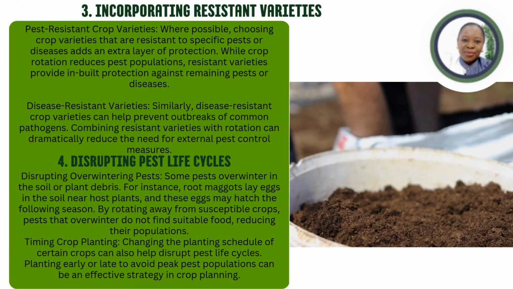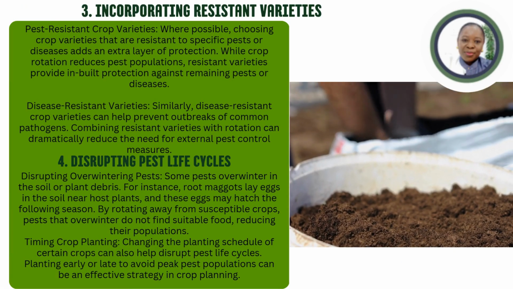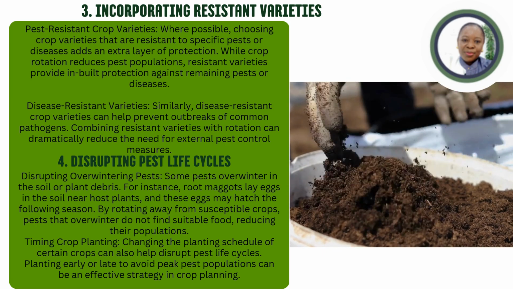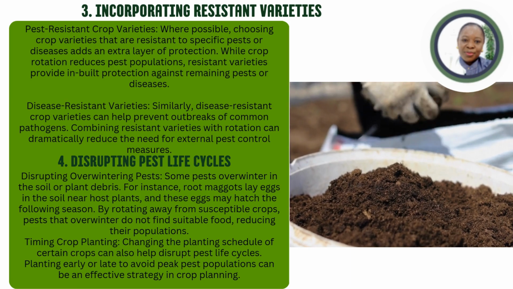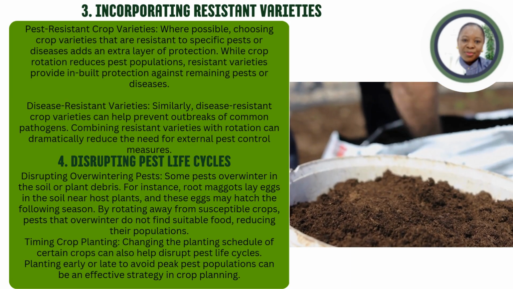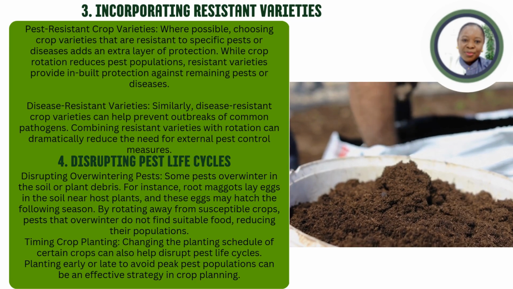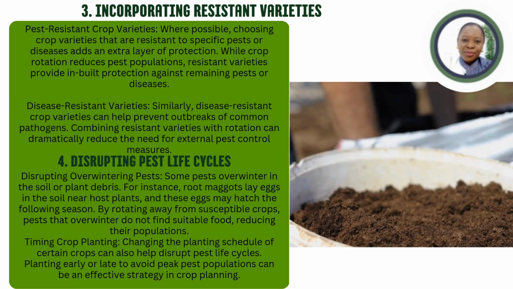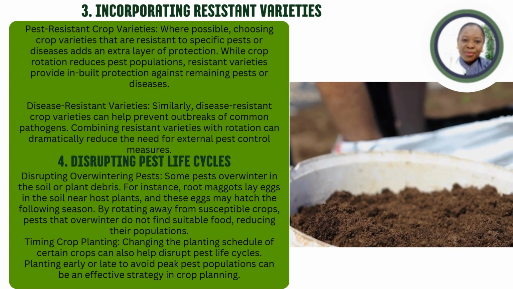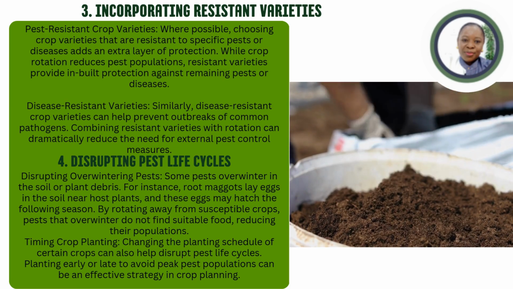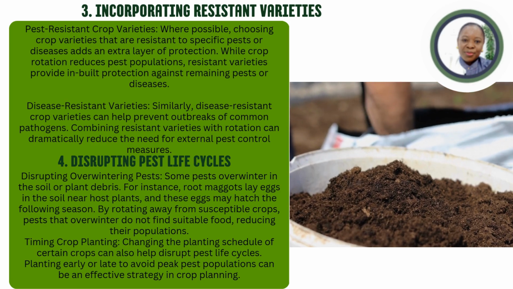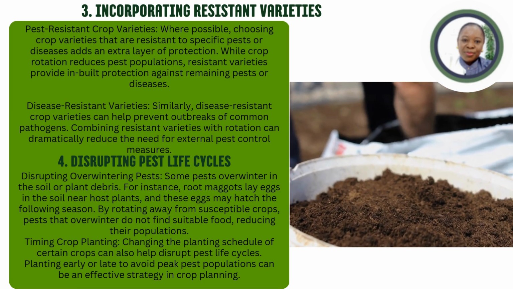3. Incorporating resistant varieties. Pest-resistant crop varieties. Where possible, choosing crop varieties that are resistant to specific pests or diseases adds an extra layer of protection. While crop rotation reduces pest population, resistant varieties provide inbuilt protection against remaining pests or diseases.